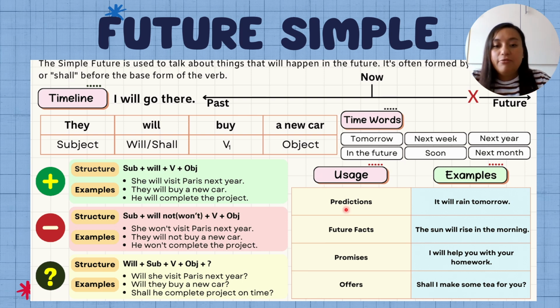And here we have the different usages of the future simple, like predictions: it will rain tomorrow; future facts: the sun will rise tomorrow morning; promises: I will help you with your homework; offers: shall I make some breakfast for you; and things like that.